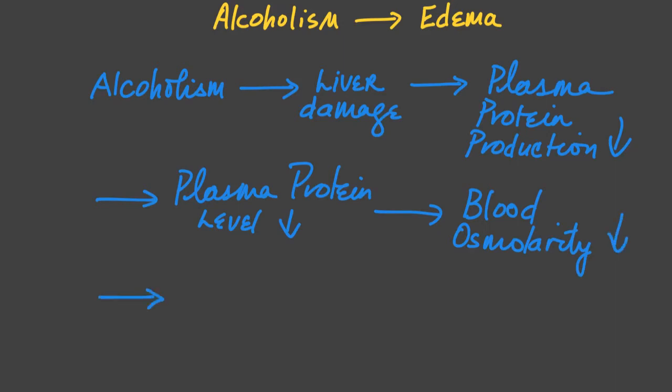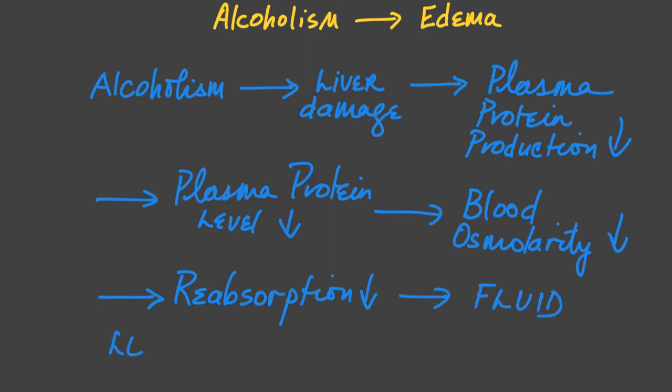When that happens, reabsorption in the capillary also decreases. When reabsorption decreases, more fluid leaves blood vessels. Where do they end up? In the tissue. And an accumulation of fluid in the tissue is called edema.